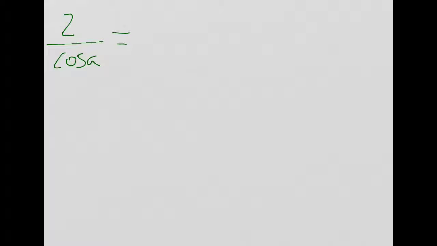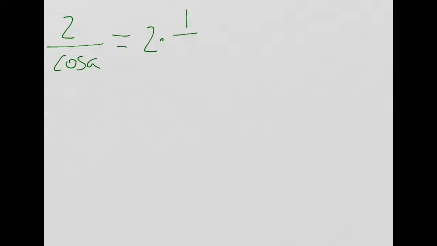And 1 over cosine is what? So if I wanted to, I could rewrite this as 2 times 1 over cosine, if that helps you see it better.